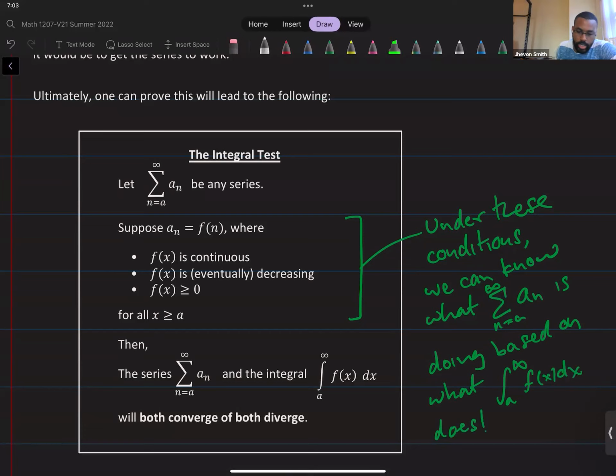So we've just turned a series problem into an integral problem, because you can consider the integral as being both below and above the series by how you construct your rectangles. The integral curve hugs the series curve, and so you can talk about what the series is doing based on what the integral is doing.